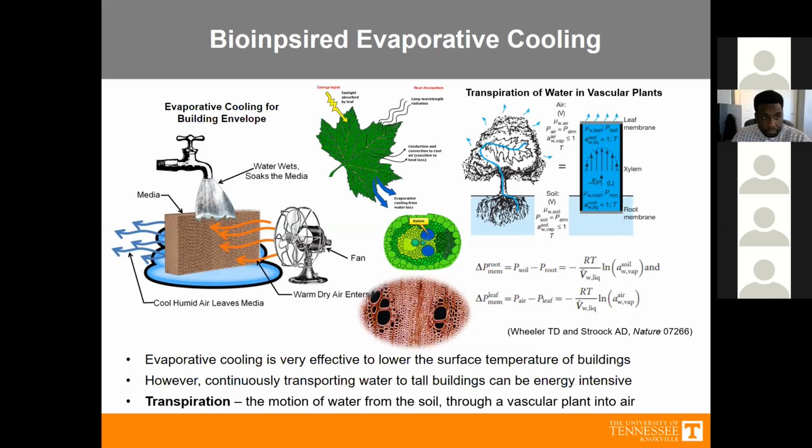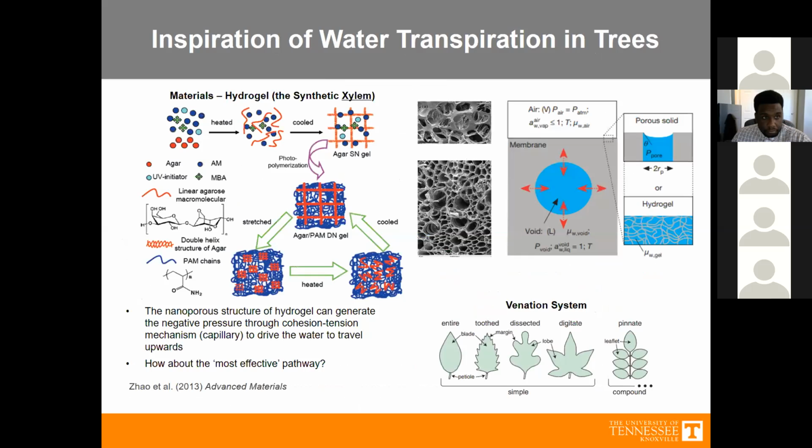But when the water reaches the leaf level, the leaf does two things. One is to use the venation pattern to distribute the water over a large uniform area. The second is to enable the evaporation process that creates a high negative pressure and drives the water from the ground level to higher up. Centered around this idea, we have been doing two sides of work.